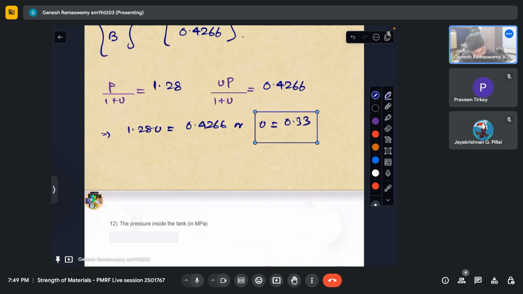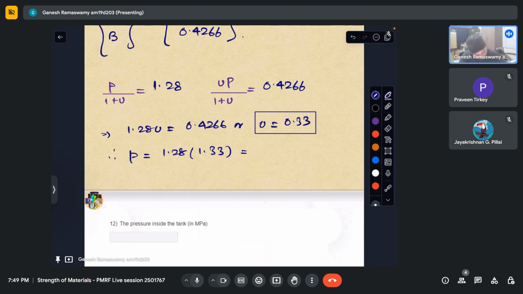And the second quantity, from here we can calculate: if this is 1.33, therefore pressure will be 1.28 times 1 plus 0.33, which is 1.33. So this comes to 1.7.